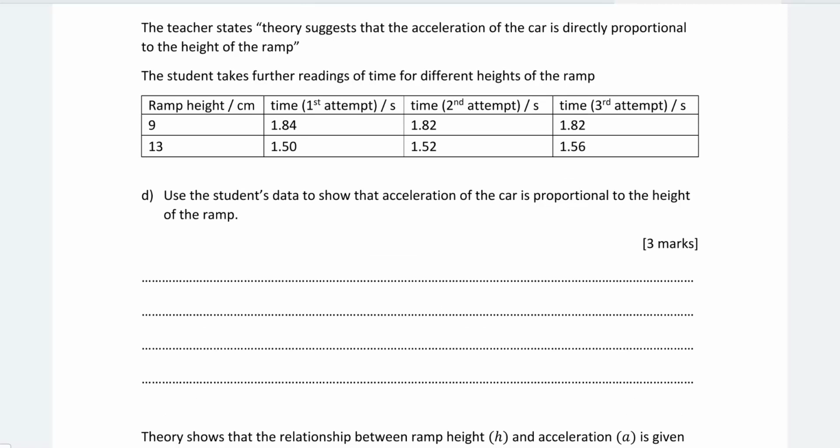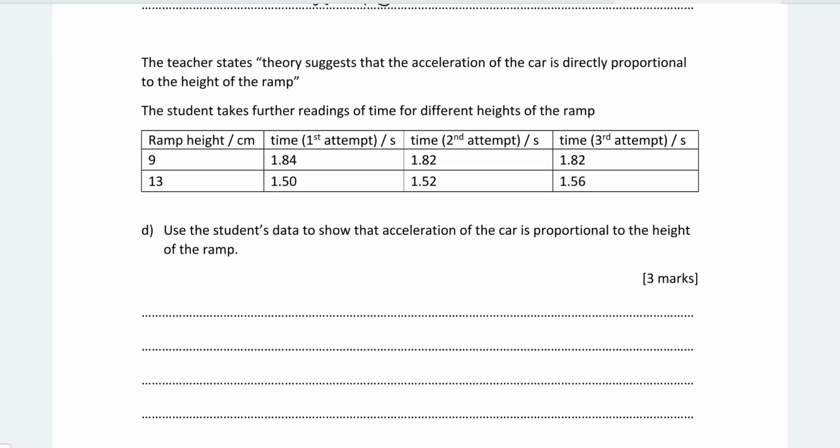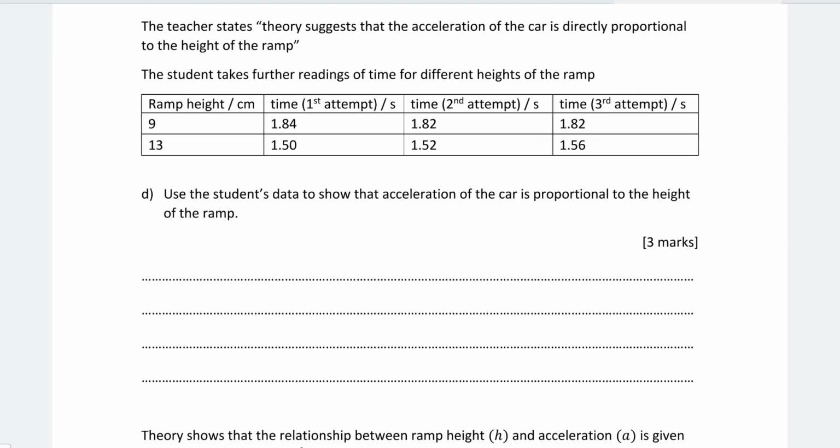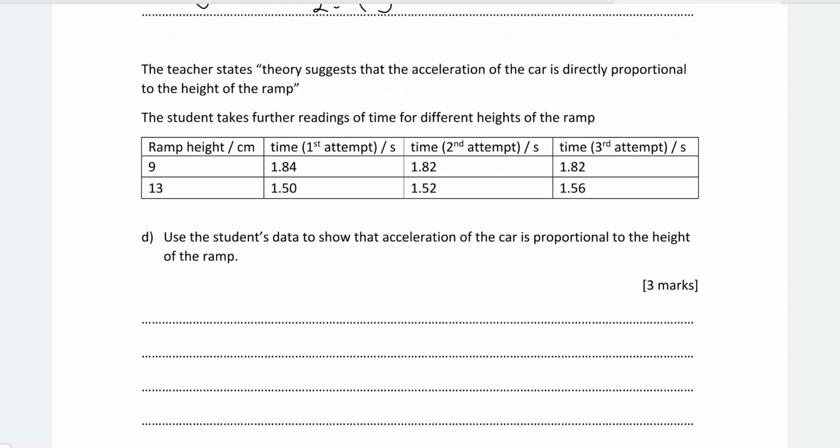So this is actually a technique that we use in A-level all the time, and it appears also in this Olympiad. If something is proportional to something, so let's say that the acceleration is proportional to the height, this means that there's a constant of proportionality, which I'm just going to call k.